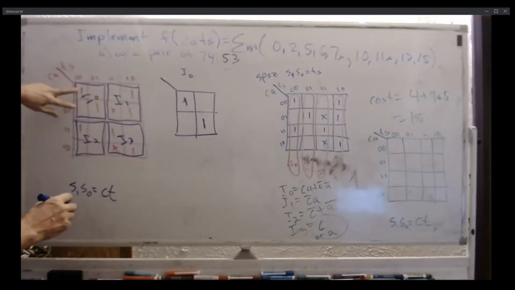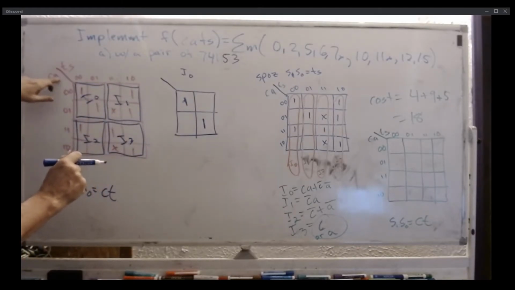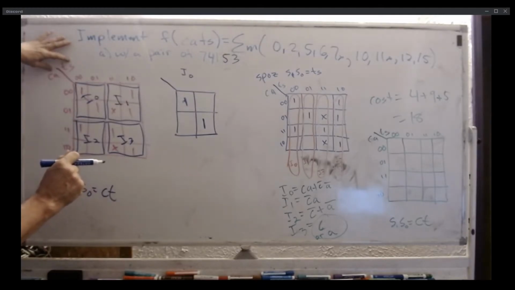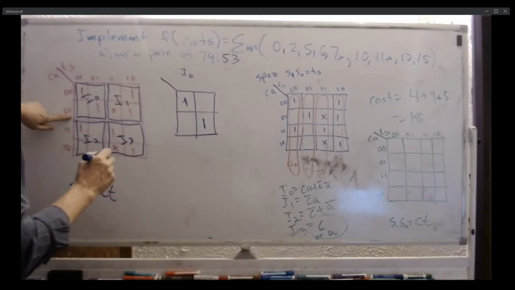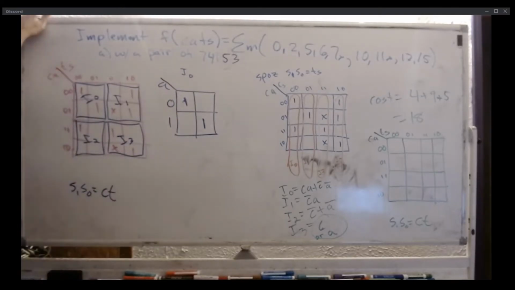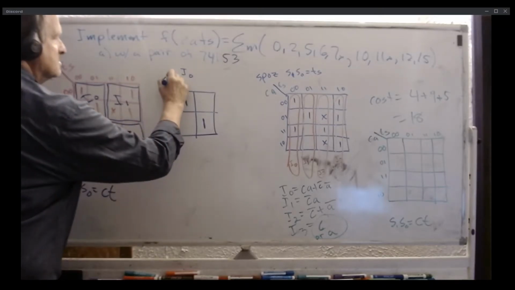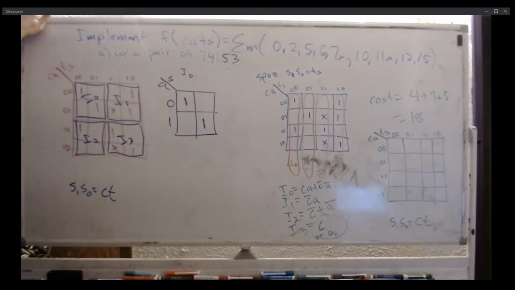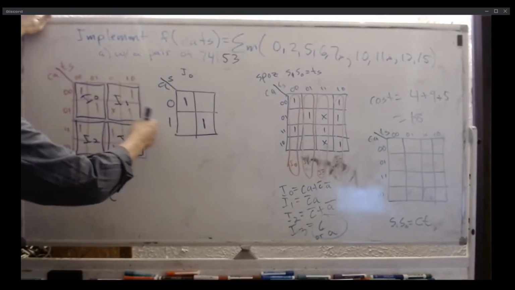We know CT is already taken care of with the select lines, so the only variables left are A and S. A is off in the top row and on in the bottom row. A and S just stick to whichever side of the diagonal arrow they were originally on. So A follows 0, 1, right?